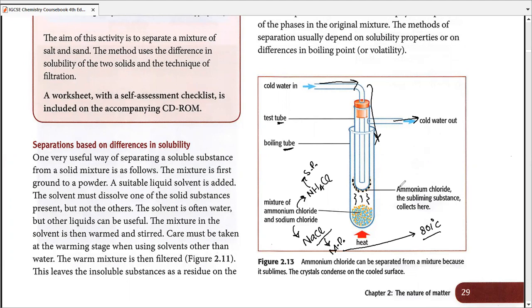Yes, sir. Any questions? I want to ask one more thing. I was reading the notes for the semi exam and doing the questions related to this. I was going through the notes on the Save My Exams website as well, and it was written that the sublimation topic is now not really emphasized for exams.